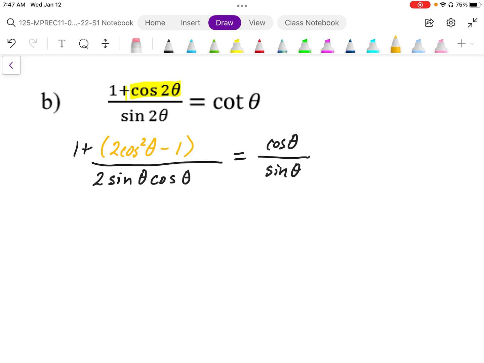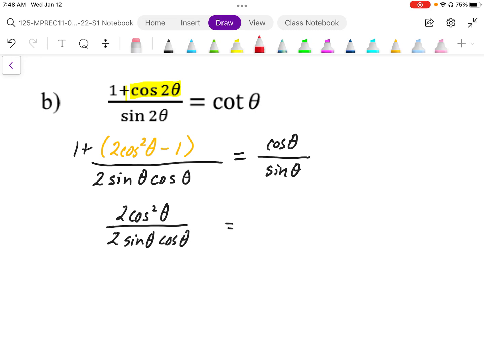Using that identity, the minus 1 and plus 1 cancel out, and that gets rid of that extra plus 1, which I don't need because there's no extra plus 1 on the right-hand side. So now my identity looks like this: 2 cosine squared theta over 2 sine theta cosine theta.